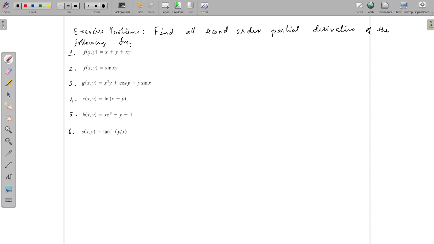Once you consider question number 1, you need to evaluate d square f by dx square, d square f by dx dy, d square f by dy dx, d square f by dy square. When you consider the last problem, you must evaluate d square s by dx squared, d square s by dx dy, d squared s by dy dx, and so on. Okay, so these are the practice problems.